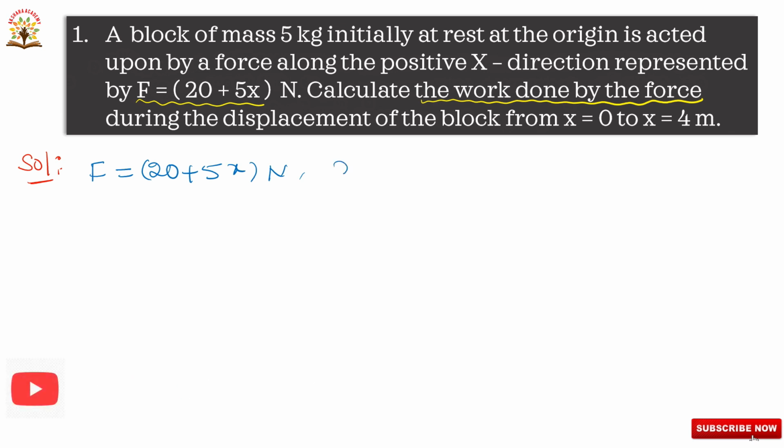So they given x1 equals 0 meters and x2 equals 4 meters. We have to calculate the work done. W equals question mark.